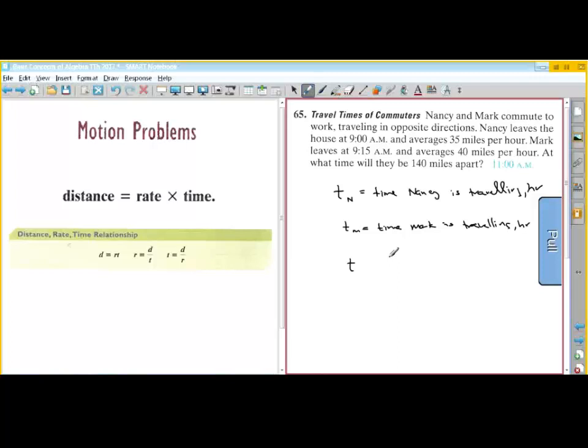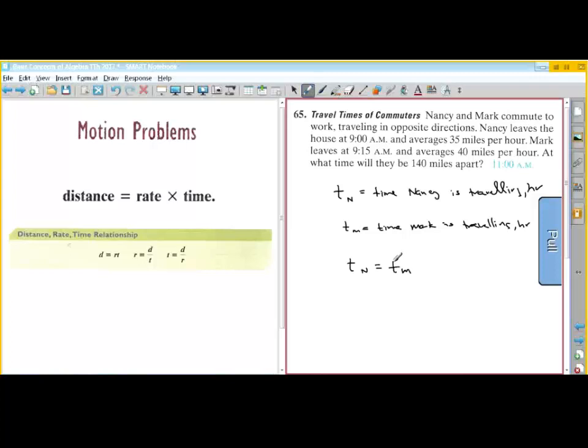Well, the speed might affect how far she travels, but just talking about time, she's going to be traveling longer because she leaves 15 minutes early. Because they're asking at what time will they be this, so the final time is the same time. Yeah, exactly.